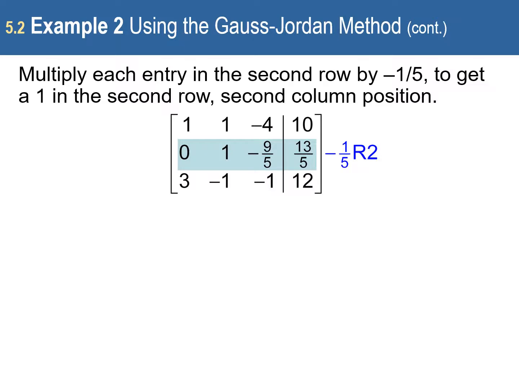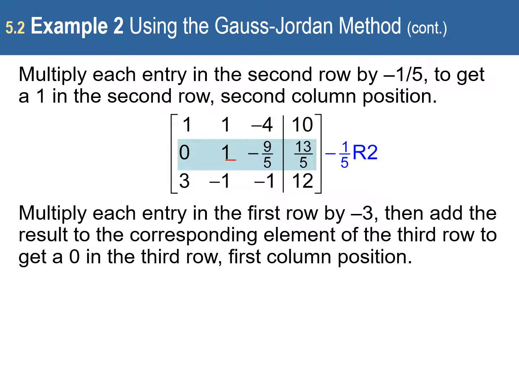We want to multiply through by -1/5 R2 in order to get this coefficient right here to be 1. Now I want to multiply each entry in row 1 by -3 and add the result to the third row to get a 0 in the first column.